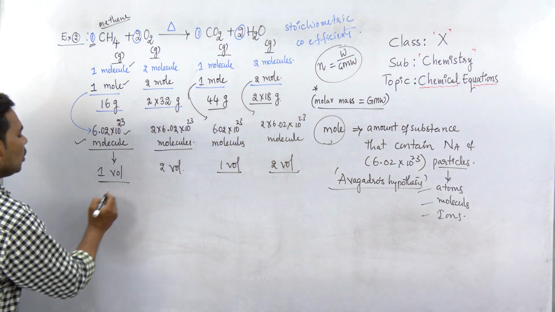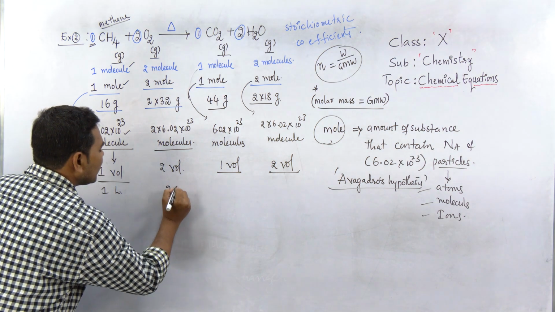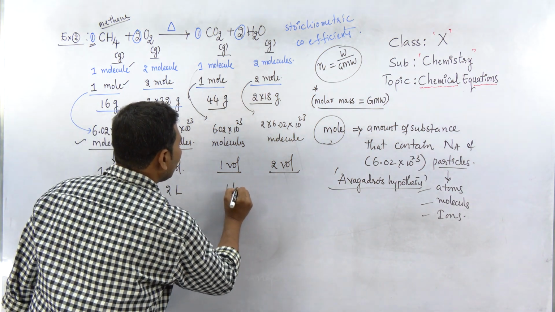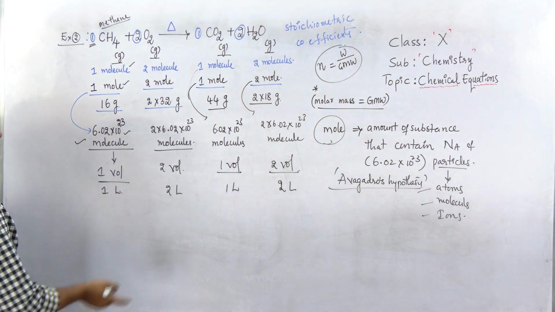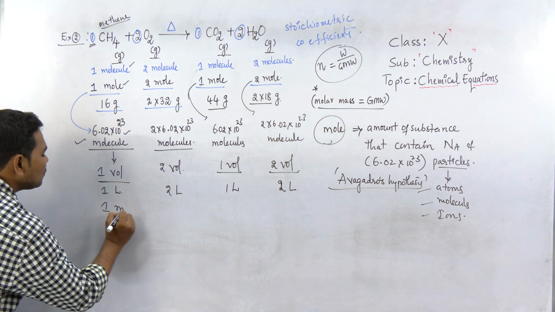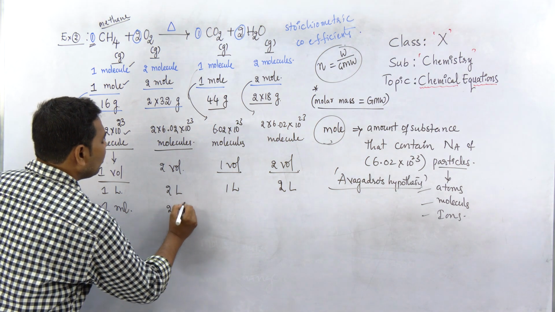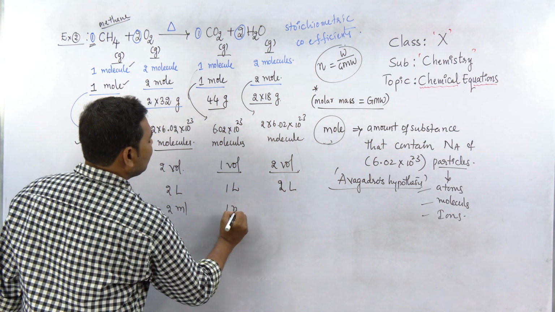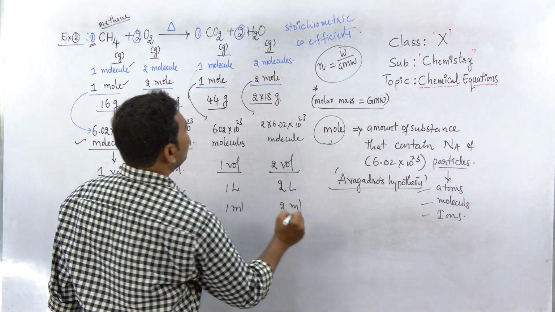These volumes can be liters, so we write: 1 liter reacts with 2 liters, produces 1 liter CO2 and 2 liters H2O. Or else we can also write in milliliters: 1 milliliter of CH4 reacts with 2 ml of oxygen, produces 1 milliliter of carbon dioxide and 2 milliliters of water.